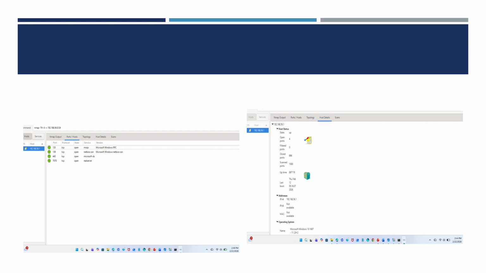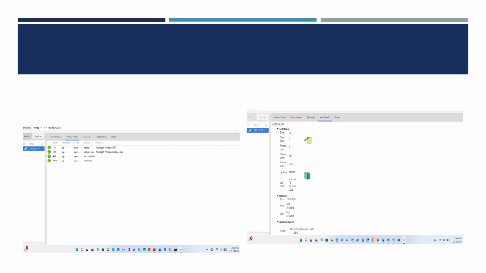So the host status summary confirms that the host is set up with 4 open ports and 996 closed ports. Therefore, a total of 1,000 ports were scanned, and it also failed to show the MAC address.